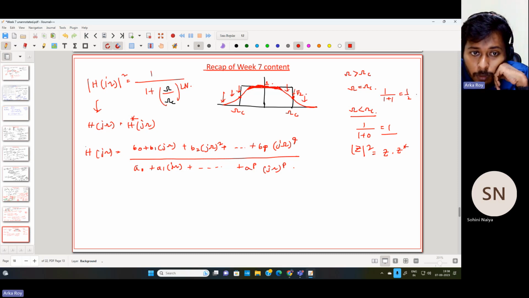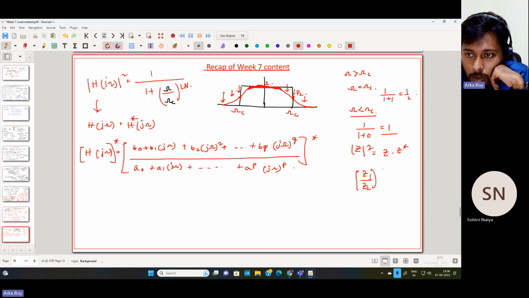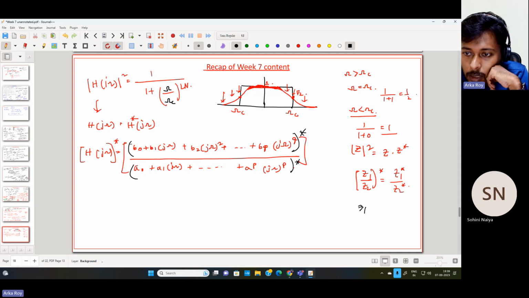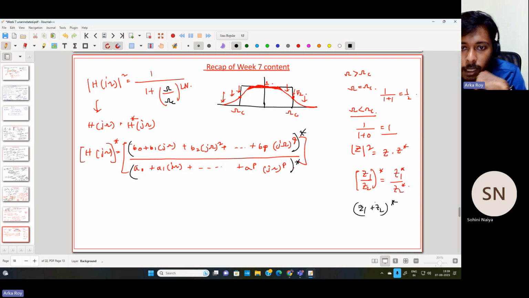Now if I take the star, I will just write some properties. (z1/z2) star will give you z1 star over z2 star. I will try to make the process faster now. Instead of taking the whole star, I will take stars at both locations. Similarly, (z1 + z2) star will give you z1 star plus z2 star. So I can see all the summation components are there, and I'm making some analogy here.